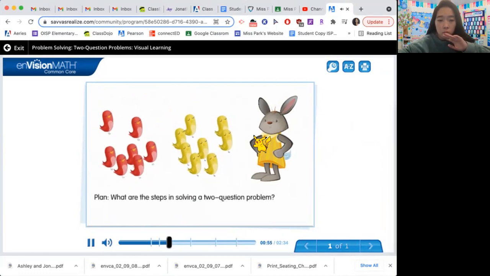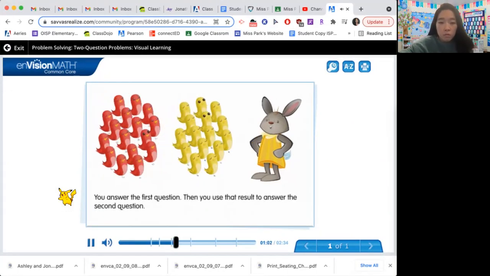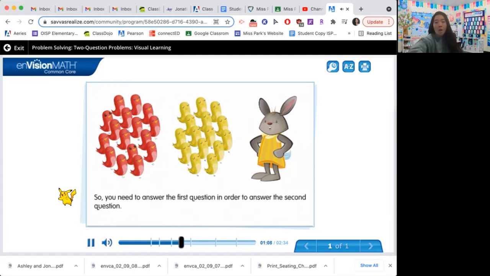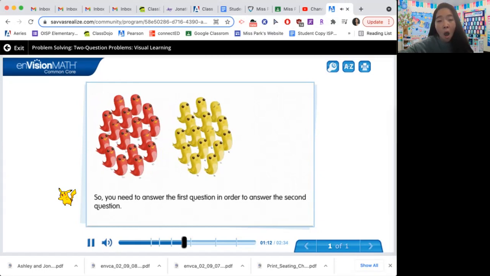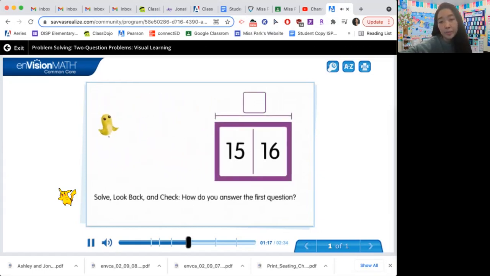Plan. What are the steps in solving a 2-question problem? You answer the first question, then you use that result to answer the second question. So, you need to answer the first question in order to answer the second question. Solve, look back, and check.